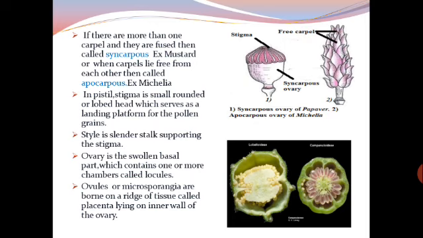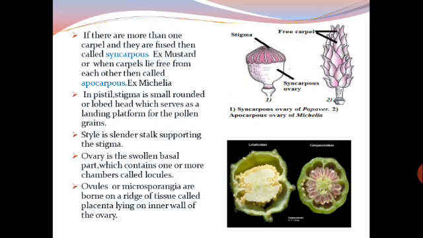The chambers present in the ovary are called locules. These are the locules, the chambers, and these are the ovules which are attached here. Ovules or megasporangia are borne on a ridge of tissue called placenta lying on the inner wall of the ovary. So they arise from the placenta.